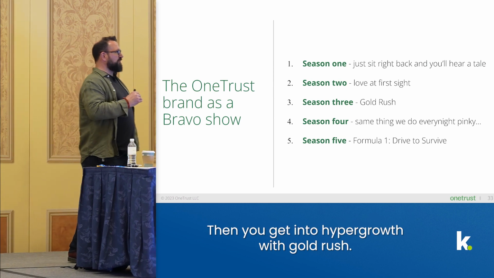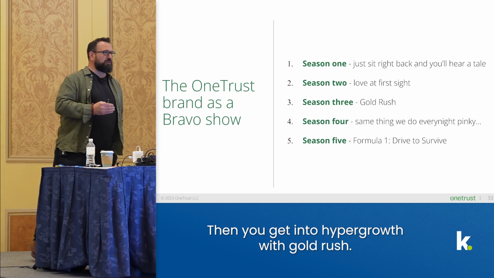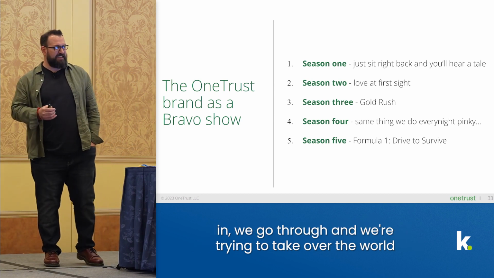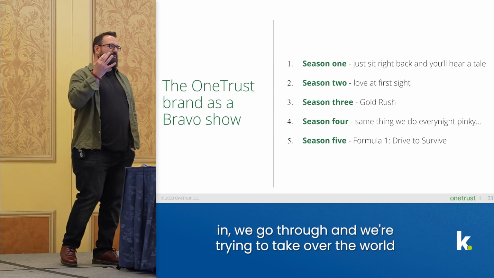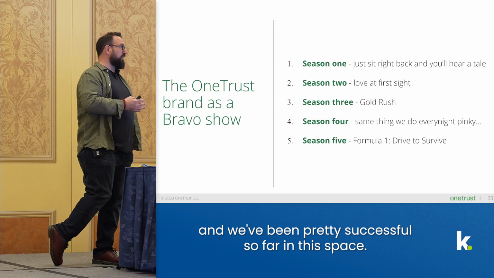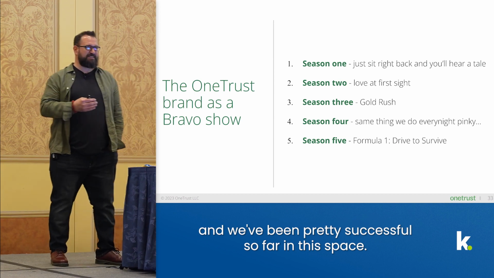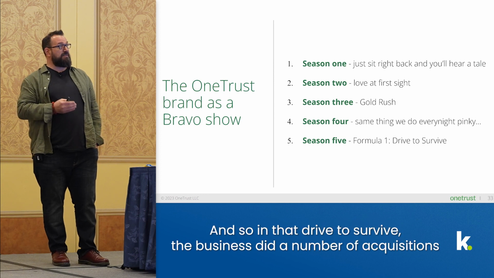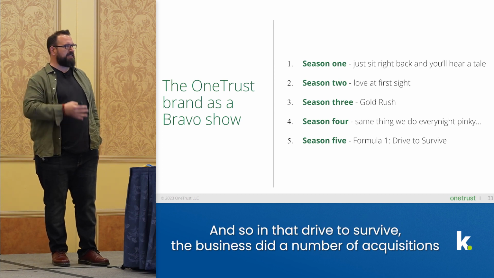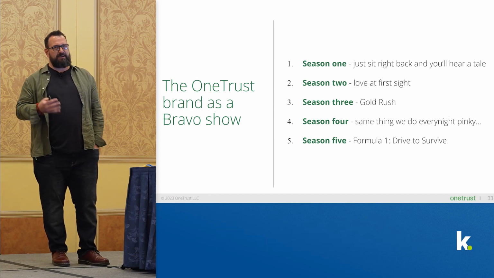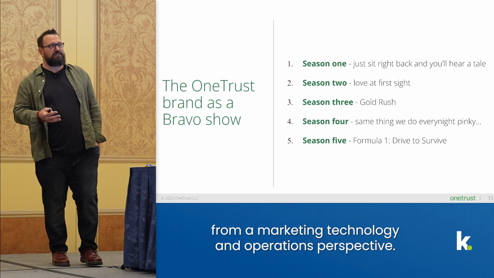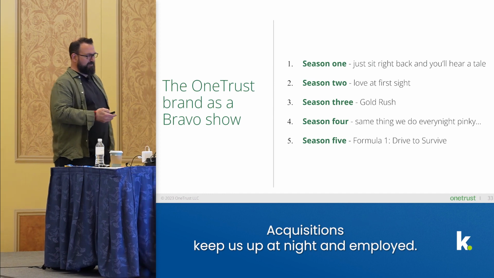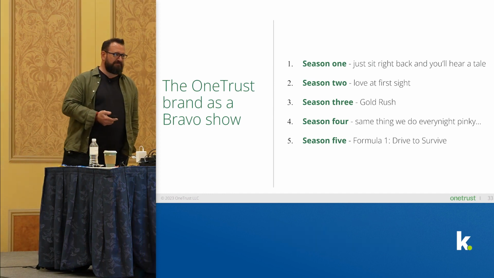Then you get into hyper growth with Gold Rush and looking at the numbers and seeing all the revenue that's coming in. We're trying to take over the world, and we've been pretty successful so far in this space. And then it's that drive to survive. And in that drive to survive, the business did a number of acquisitions. From a marketing, technology, and operations perspective, acquisitions keep us up at night and employed.